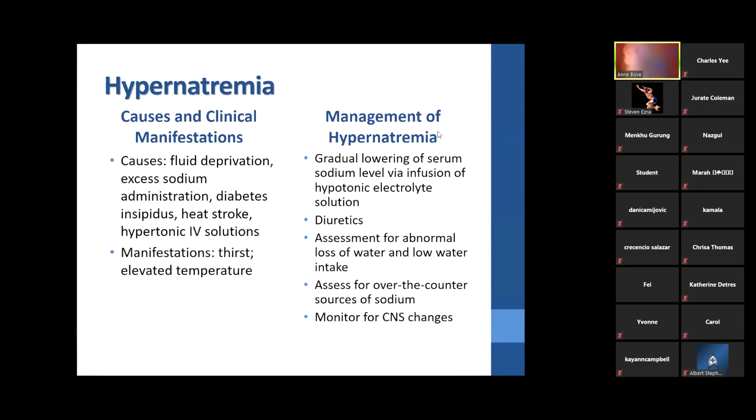So you're looking at an excess of sodium, and you'll see that with heat stroke. You'll see that with diabetes insipidus, and you could also see that with certain hypertonic IV solutions.